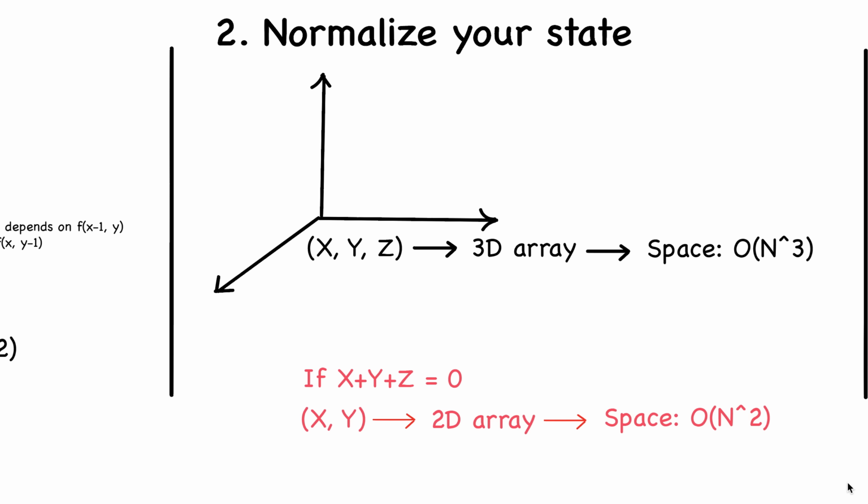So by having a smaller set of identifiers, we reduce the number of states our problem can have, and accordingly the amount of space required to store values for all those states.